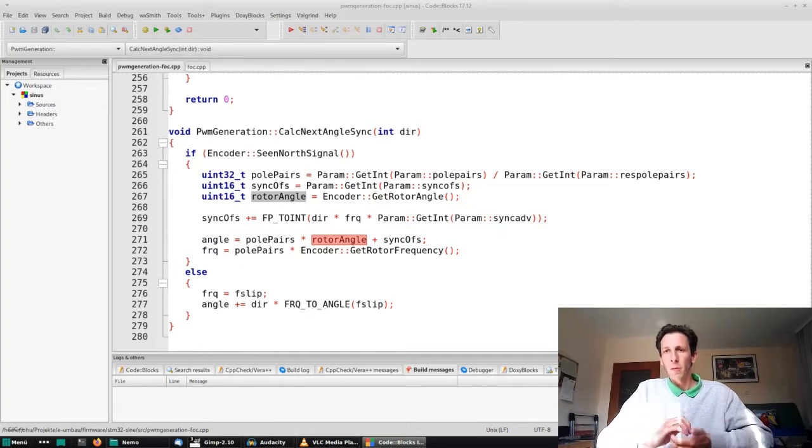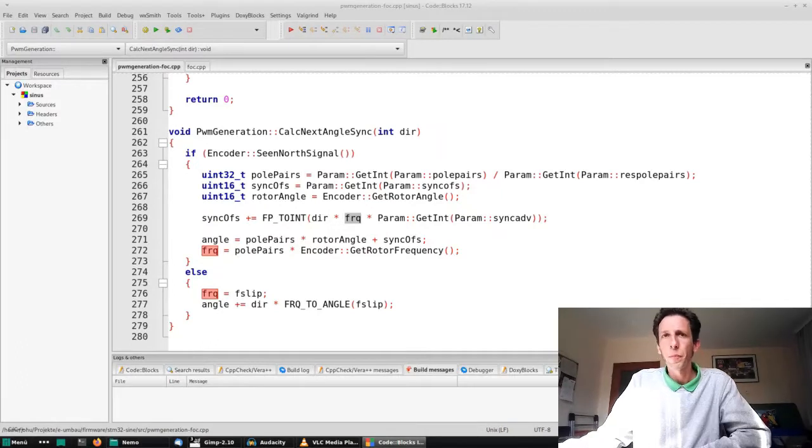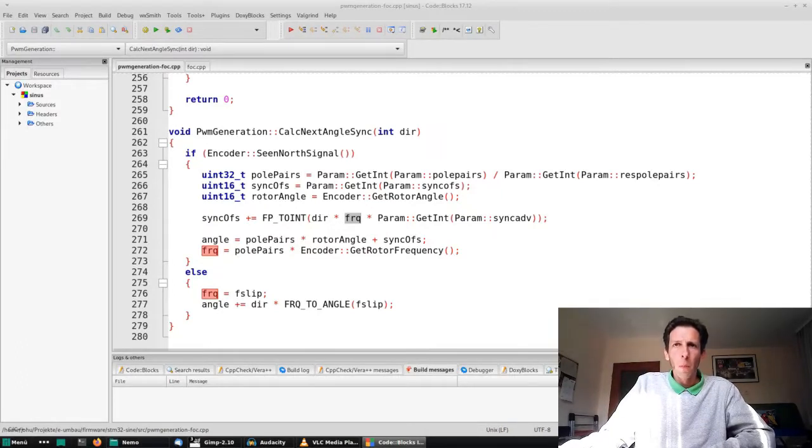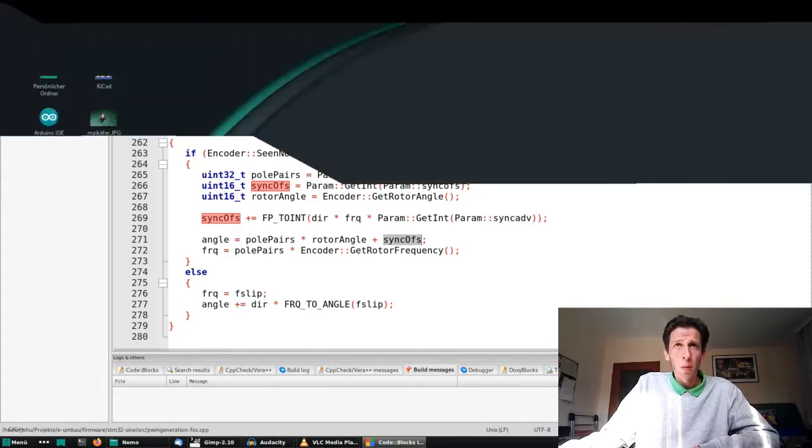And of course, the faster the rotor spins, the more it will have offset from the measured position. To compensate for that, we have this sync advance that we multiply with the current rotor frequency. Then we tie it all together: the measured rotor angle plus the modified sync offset gives the real rotor angle. And that's pretty much it in here.